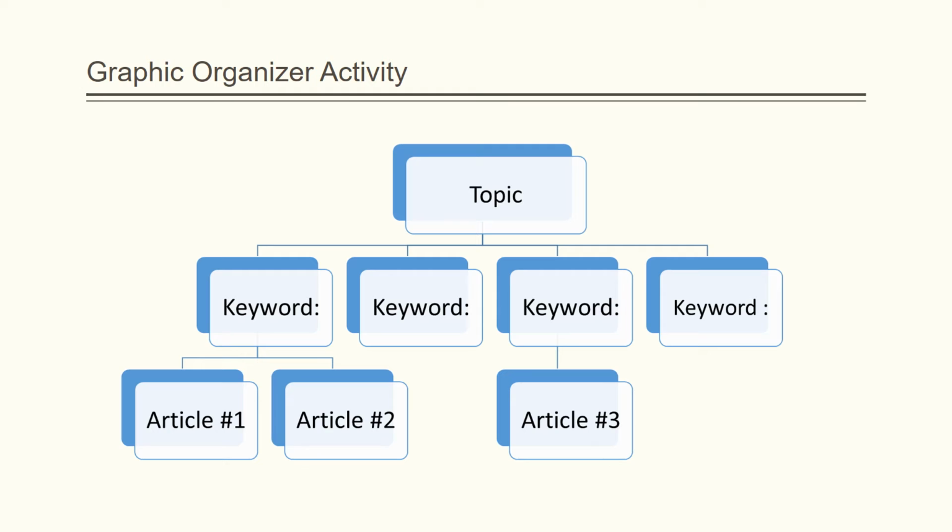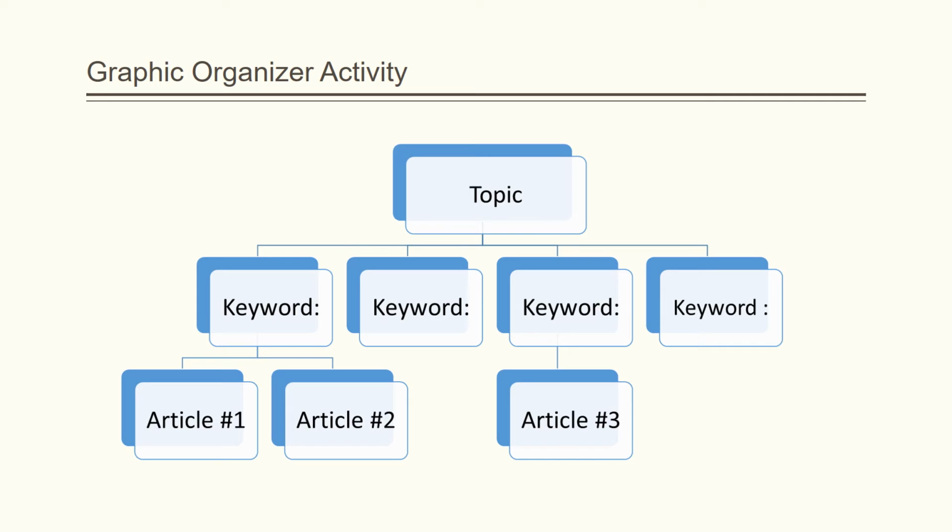Now let's talk about the graphic organizer activity. This is a template that I passed out already. So every one of you has this template for the graphic organizer activity. Your topic is either stevia as a viable alternative to sugar, or sugar as a viable sweetener for you. So we're looking for keywords.